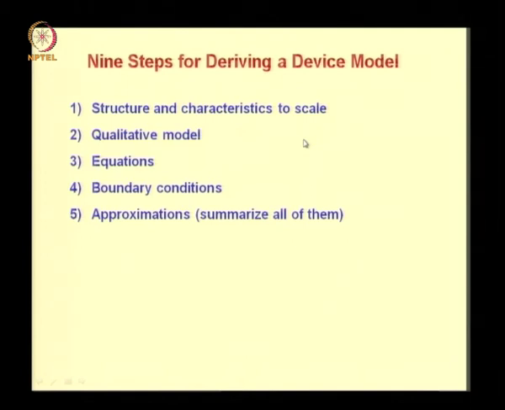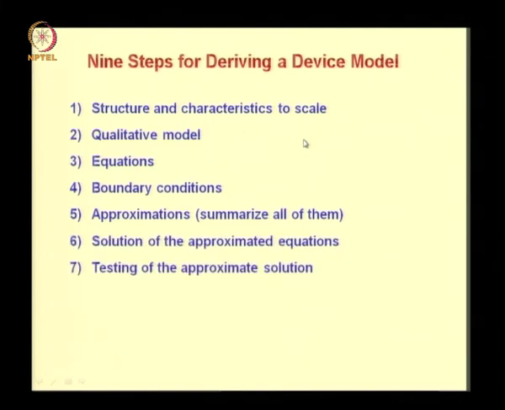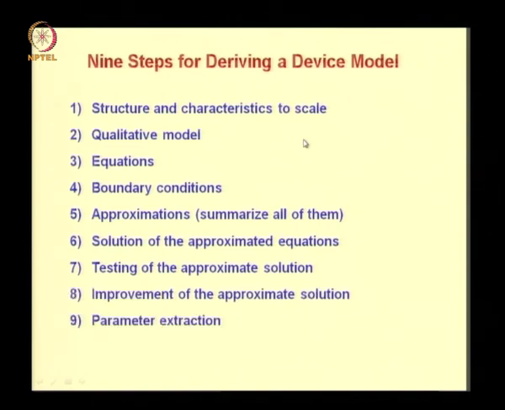After all the approximations are summarized, we solve the approximated equations and then we test the approximate solution for accuracy and physical correctness. After testing, we might find that the model may need improvement, and therefore the 8th step involves improving the approximate solution. And finally, we need to decide the values of the parameters that are used in the model, and therefore the final step is parameter extraction.